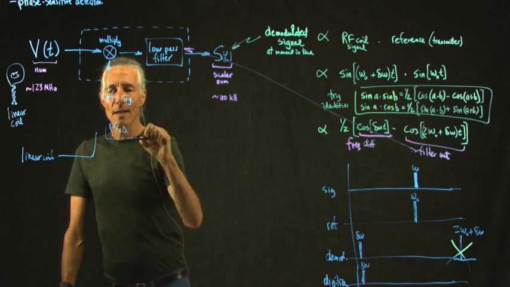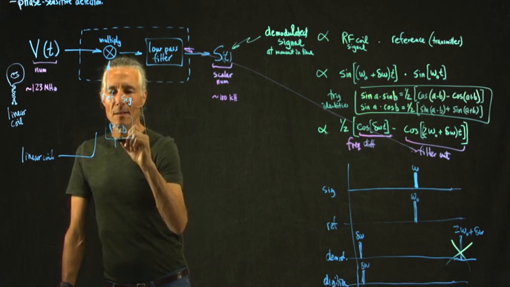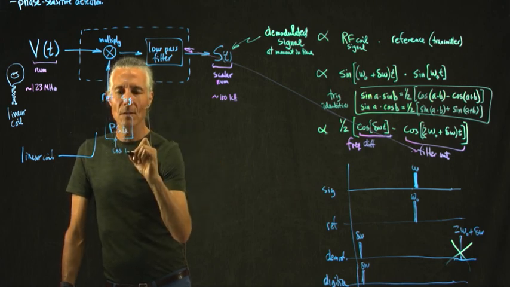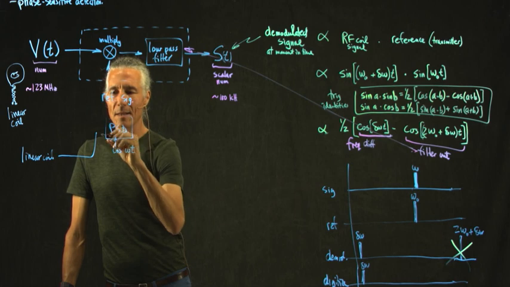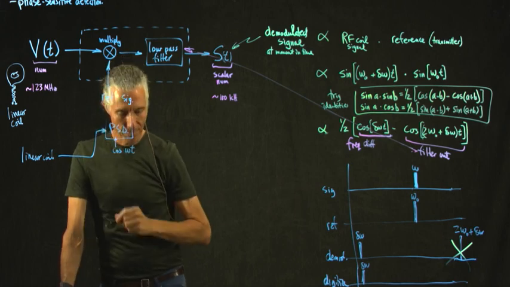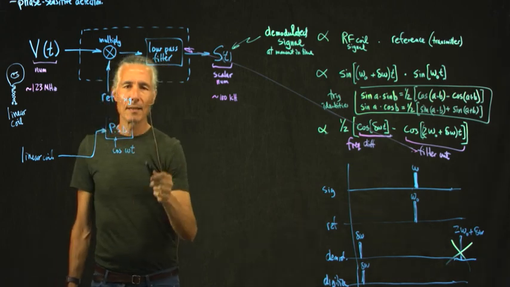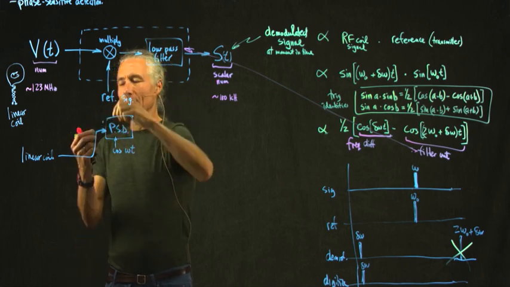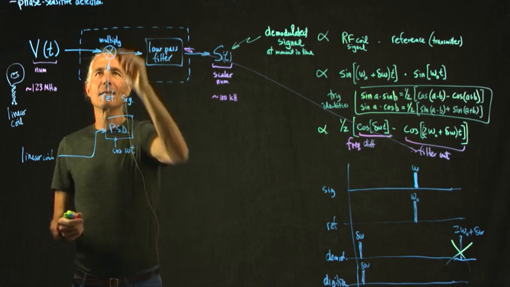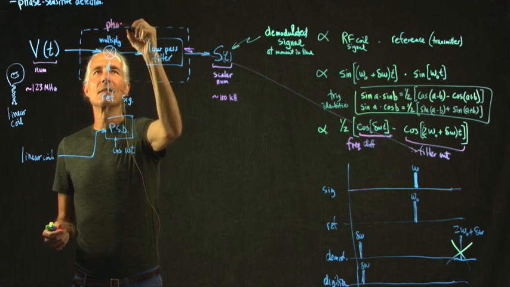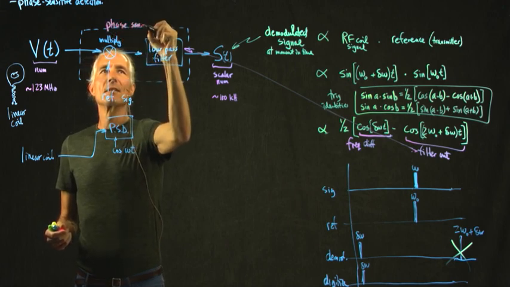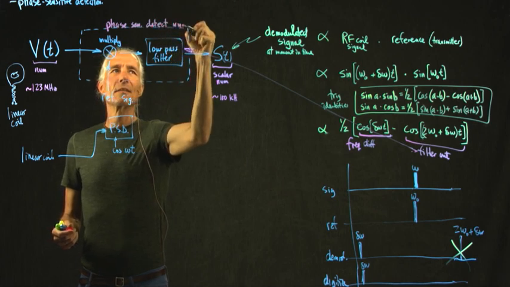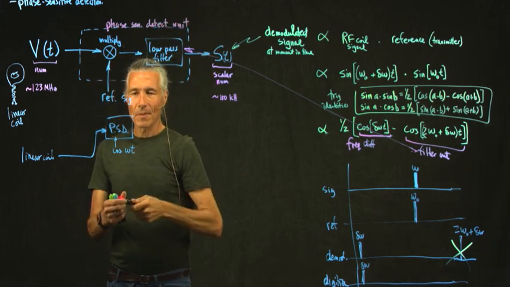And for this one, we feed in the cosine. So here's the cosine of omega t. Let's label this phase-sensitive detection unit.